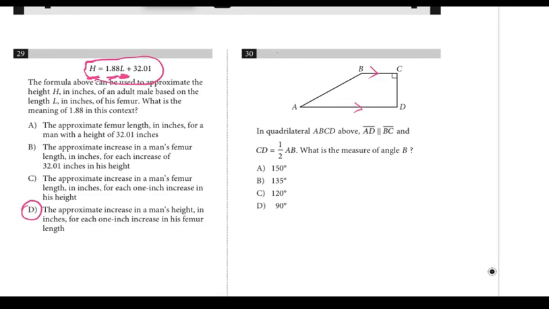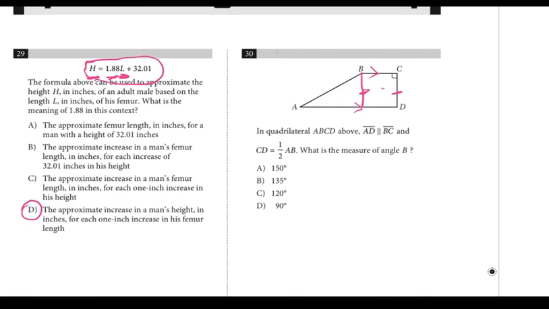If we draw a line from B straight down here, we have a square. And we know if we have a square that the side lengths are all congruent or equal. Since CD equals half of AB, we know that CD is the same length as this line we drew.